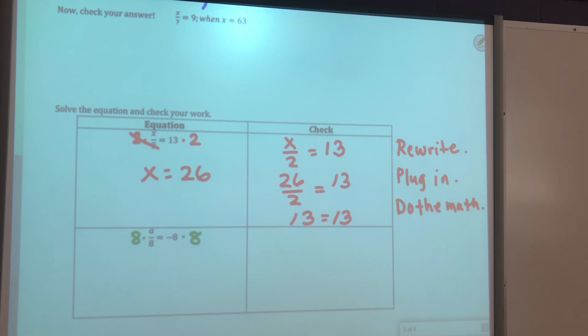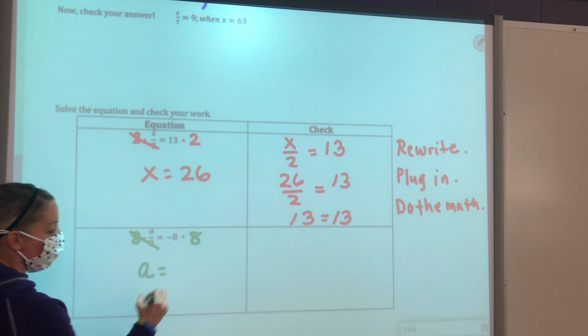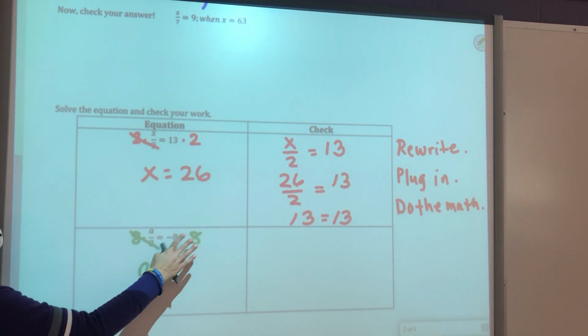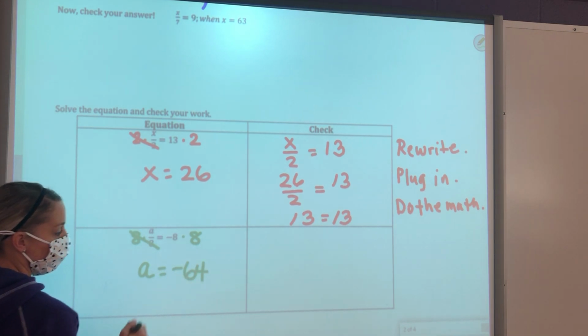My 8s cancel because those are inverse operations. I'm multiplying by 8, I'm dividing by 8, so those cancel each other out because that gives us 1. So once they cancel out, I'm left with a. Negative 8 times 8 is negative 64.